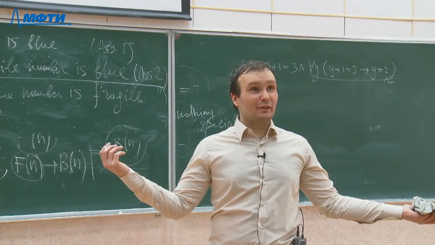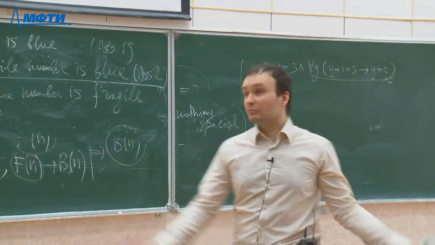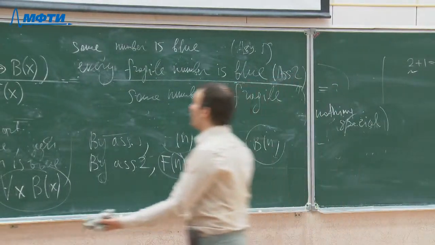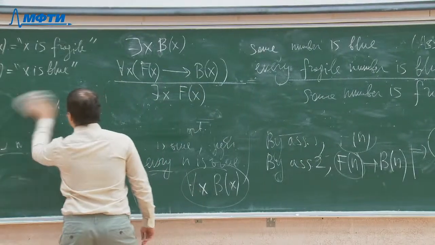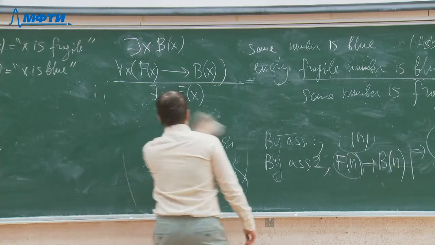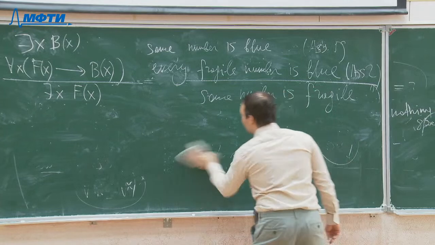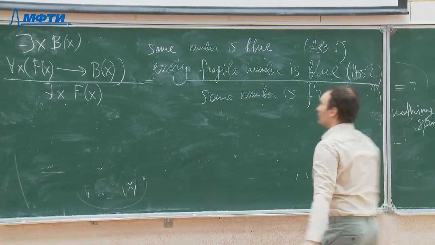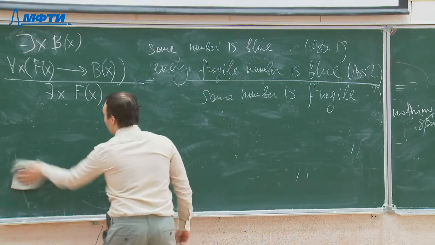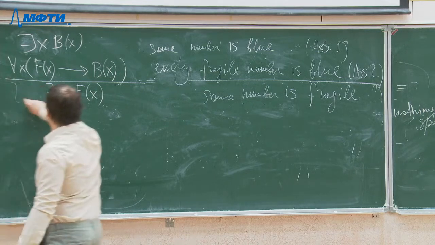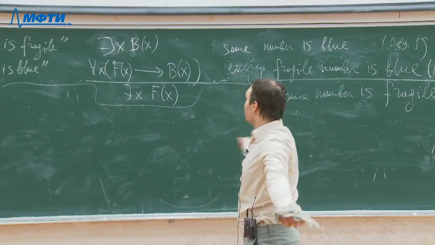Every number is not fragile. So let's construct the following state of affairs, or model, in formal mathematics, but we don't want to pay too much attention to these formalities.